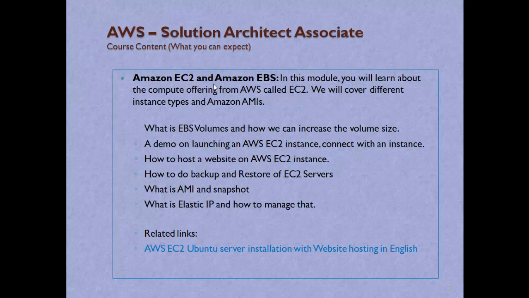So we will also cover this section. Right now, one video is already available about this, on how to create an EC2 server and how to host a website on this server. If you want to see it, you can go to my playlist and check there.